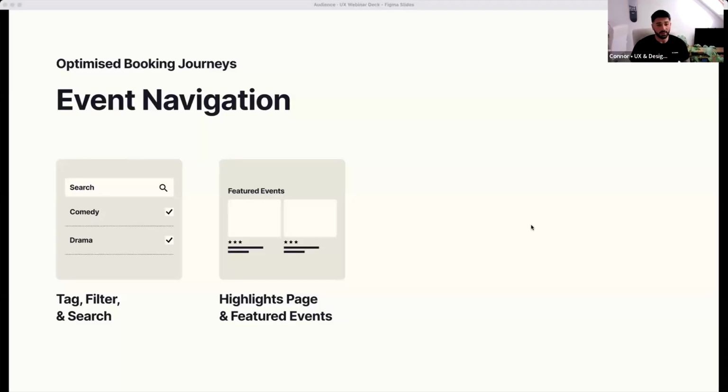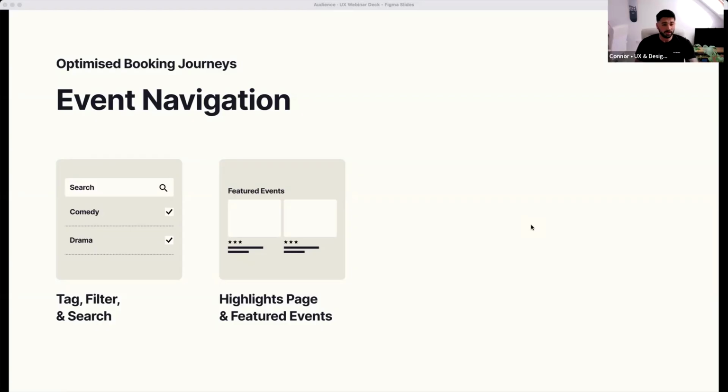Or as a user, I may wish to see certain events and not view the events that I'm not interested in. So something to consider is tagging and filtering and search features in order to allow the events that the user wants to see to be accessed with ease, and they're not left sifting through pages and pages of stuff they don't want to see.